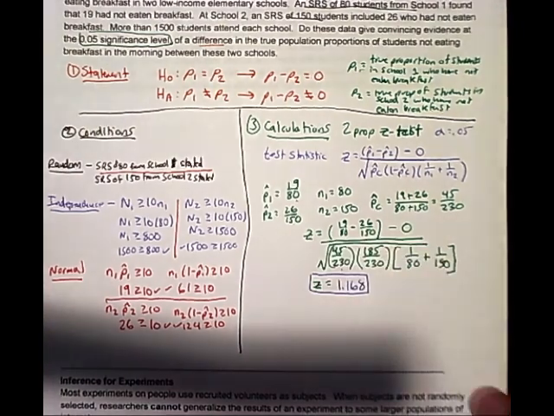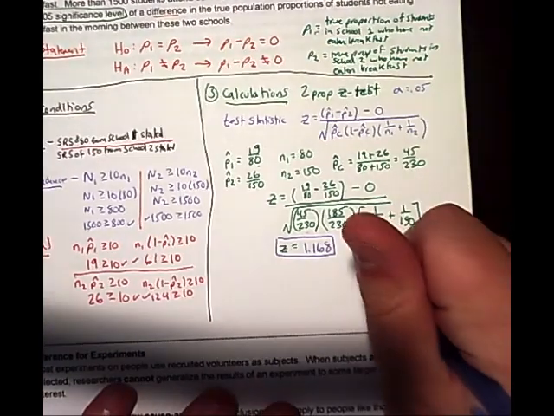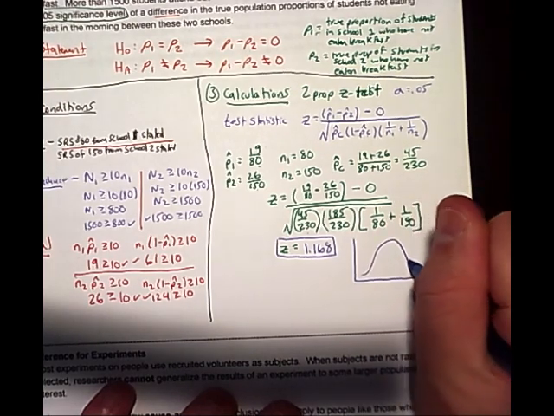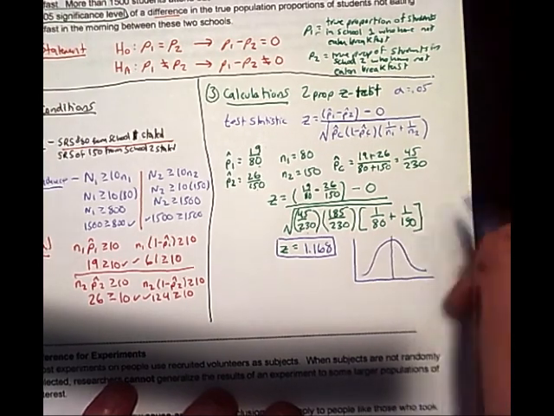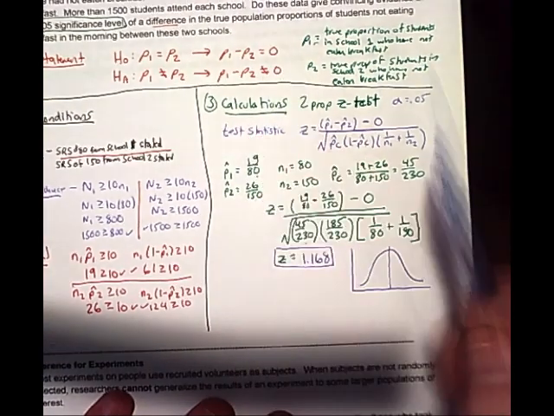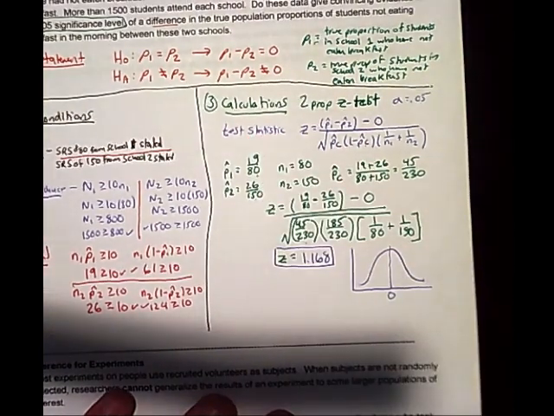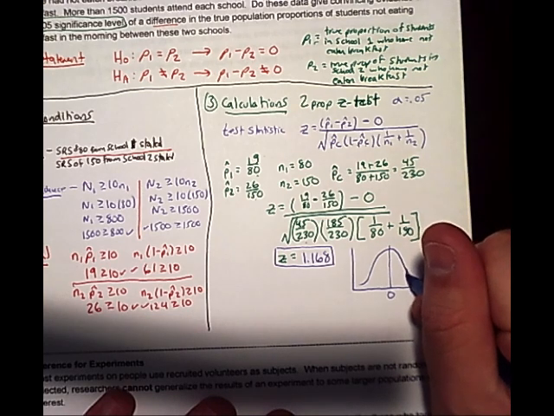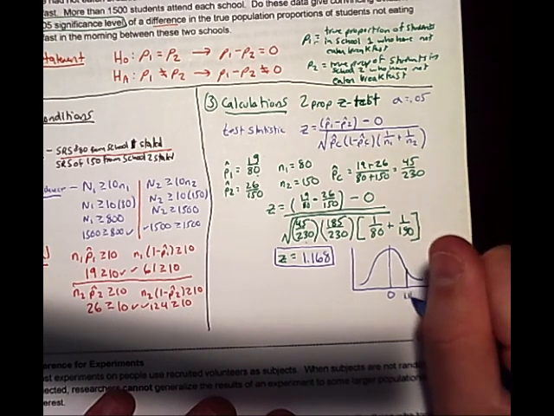So I got to calculate that, then I got to show my graph. Remember, we're assuming that the true difference is 0, so the hypothesized parameter goes in the center. We're at a z-score of 1.168.